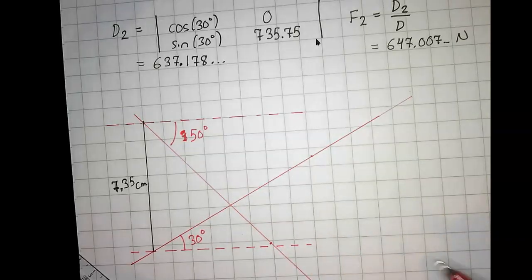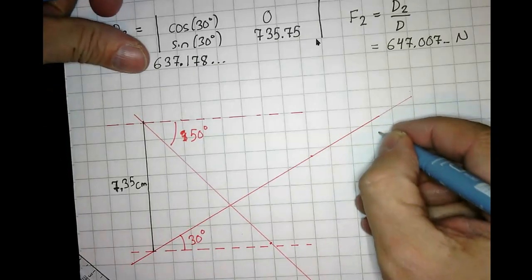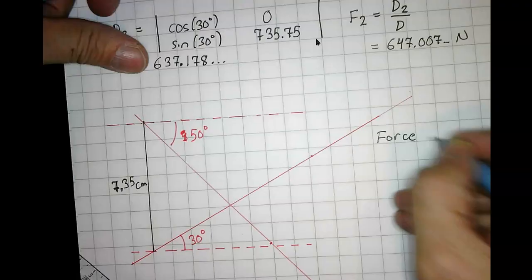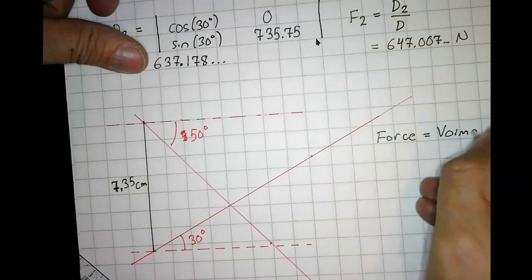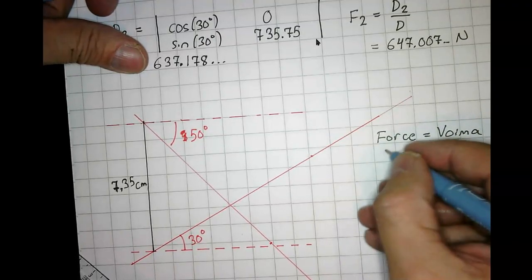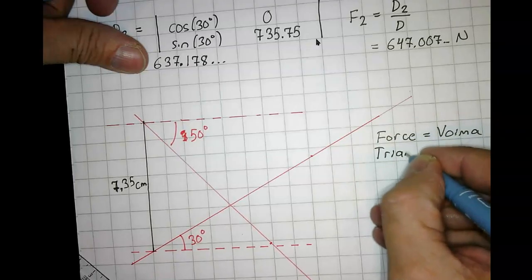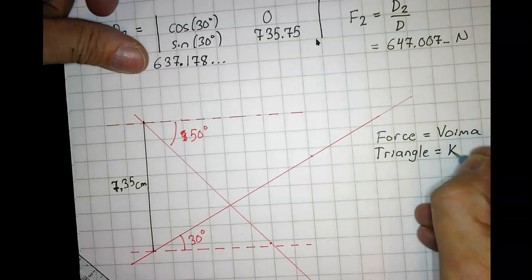This is the so-called force triangle, voimakolmio in Finnish, by the way. Force in Finnish is voima, and triangle, we have had this earlier, kolmio.